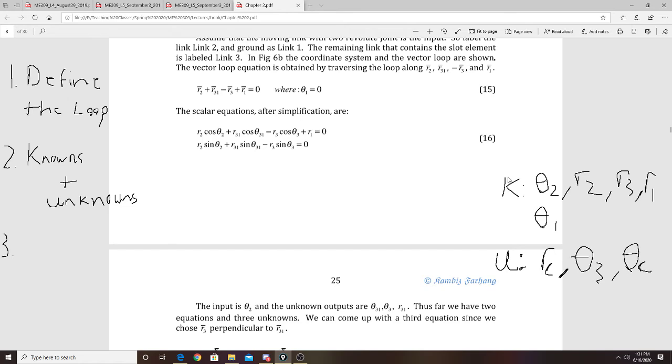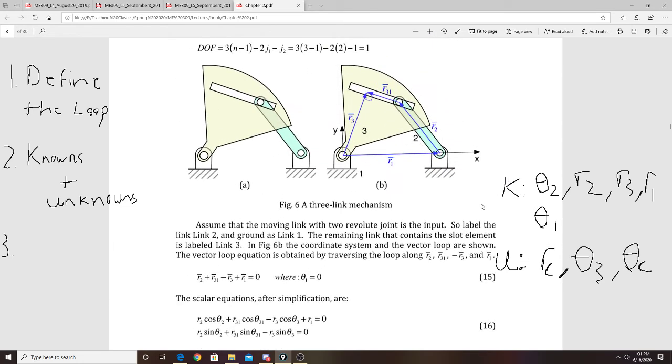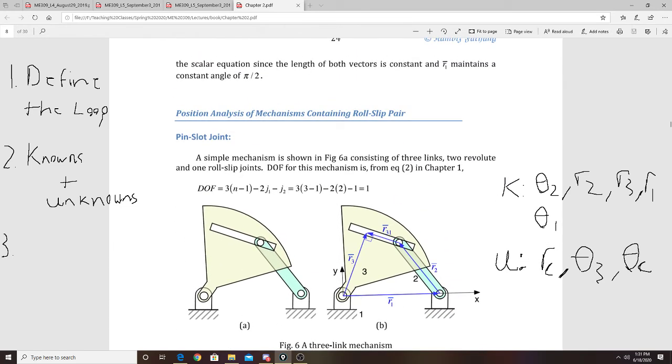So you guys are probably wondering, or maybe you're not, how many equations do we get out of this? Which comes into the next part of this.